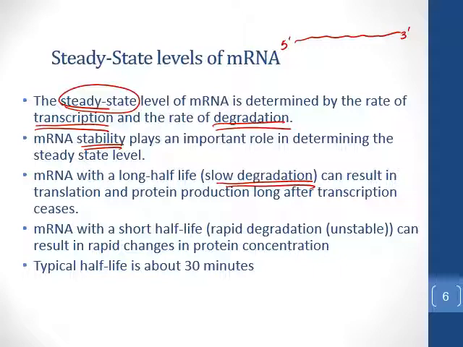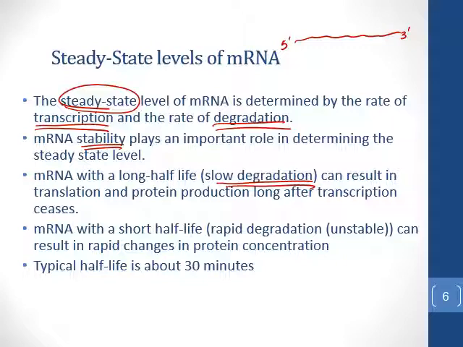So if you think about something with a long half-life, then that means it's going to be degraded slowly. It means that if it's an mRNA, it's going to hang around in the cytoplasm for a long time. Now that's important to think about, because if that mRNA is stable and hangs around in the cytoplasm for a long time, you could actually be translating that mRNA and making protein long after transcription has ended.